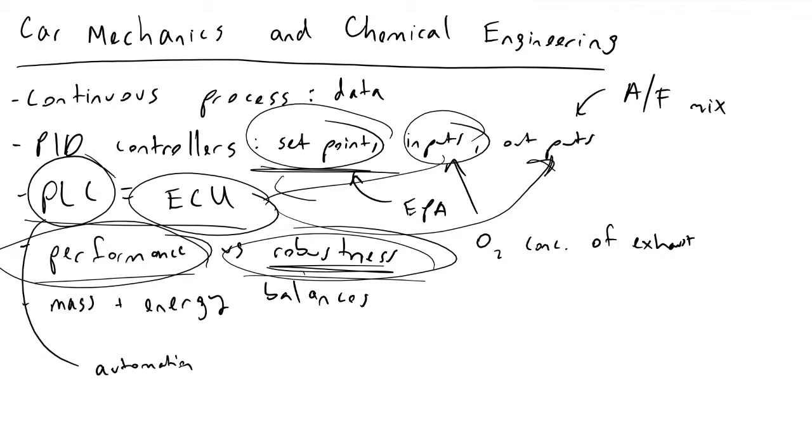The final thing I'd like to touch on, if you're interested in why I'm so interested in car mechanics as a chemical engineer, is that at the end of the day, this all boils down to mass and energy balances. This is the first class you take as a chemical engineer in college. You start talking about conservation of mass, energy and momentum.